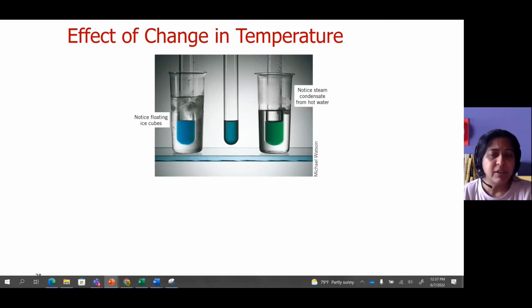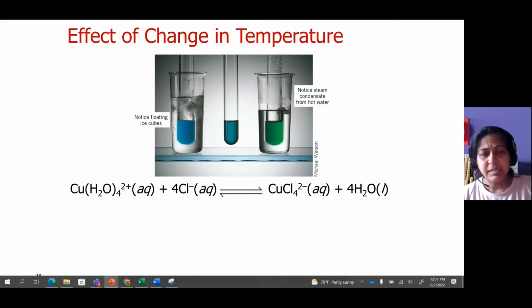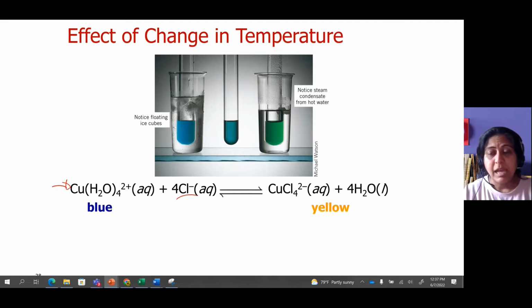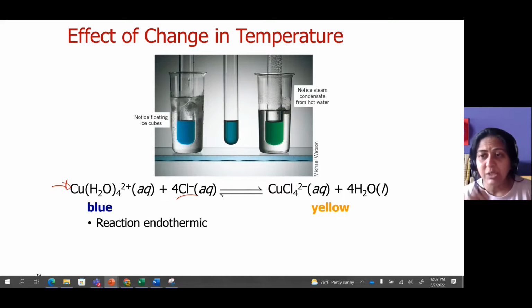Next, we'll look at the effect of the change in temperature. This is a system, again using the same reaction, tetraaqua copper(II) in equilibrium with chloride and the tetrachlorocopper(II). The aqua complex is blue, the chloro complex is yellow. The reaction is endothermic. What is endo? Yes, we need to give energy in.